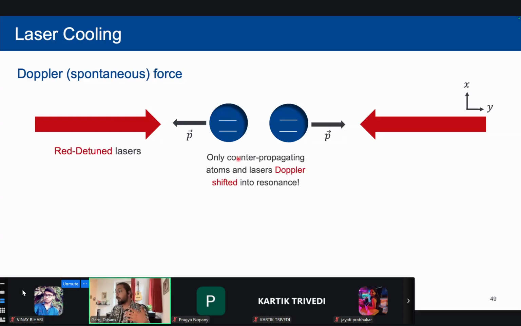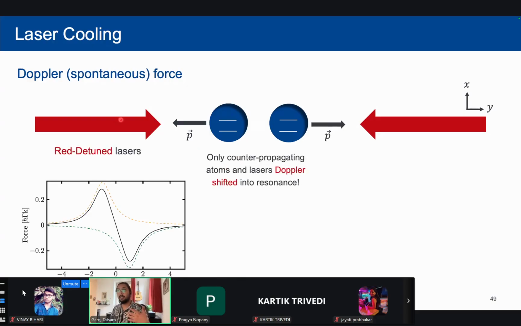Right. And you can plot the force due to each of these lasers on the whole atom cloud. And it turns out that one of these lasers can only exert this positive force. The other laser can only exert a force in the negative direction. Only when you add that up do you get this nice curve, which, if you focus here around smaller velocities, corresponds to just a linear drag.